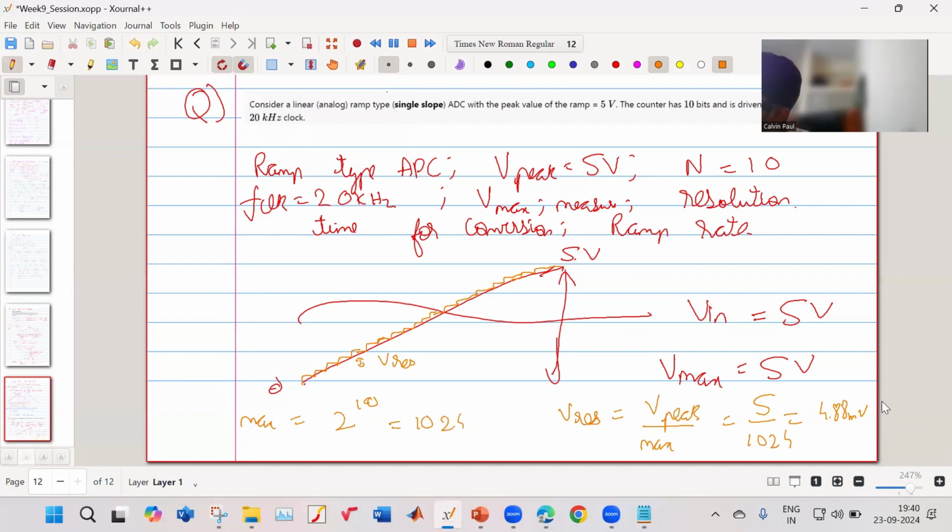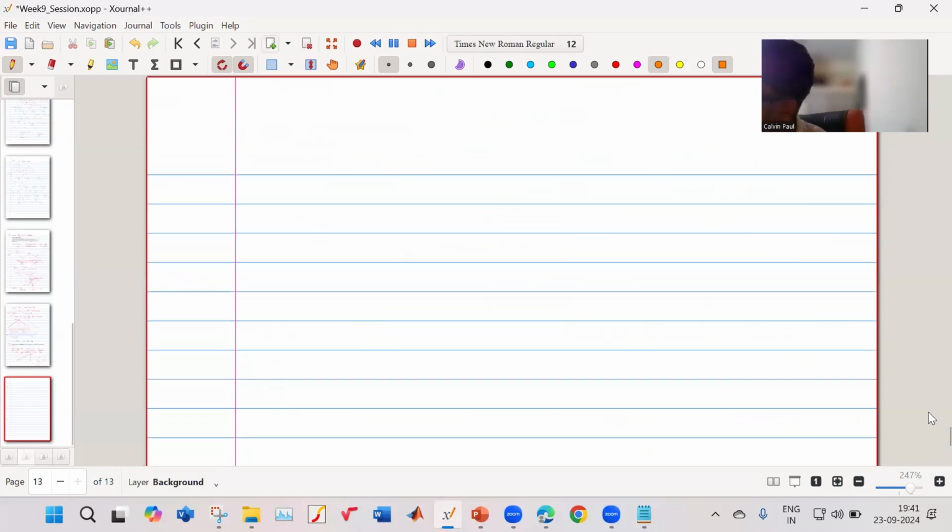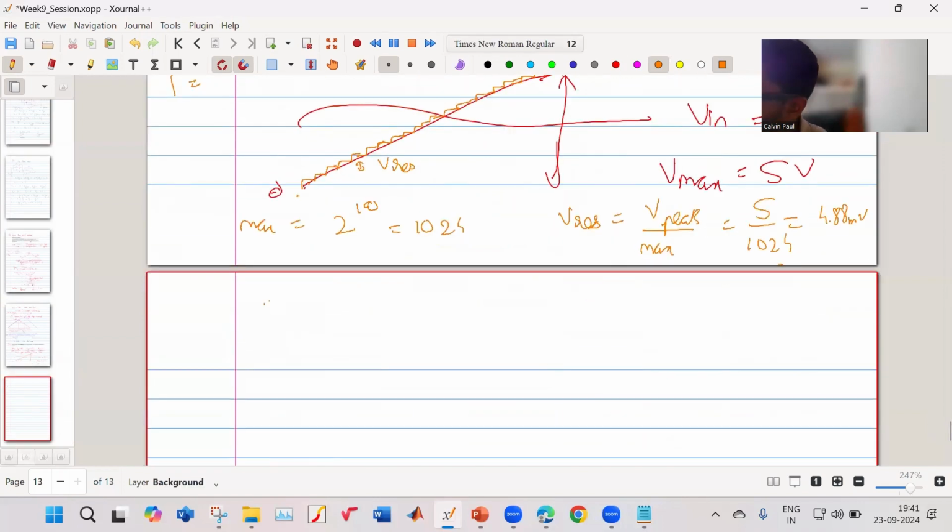Now what is the time for conversion? The maximum time it will take to convert is how much time it will count 1024. It will count from 0, 1, 2, 3, like that, and that happens at a frequency of f clock. So the time it takes to convert is equal to the maximum count upon the f clock, that is 1024 upon 20 kilohertz.